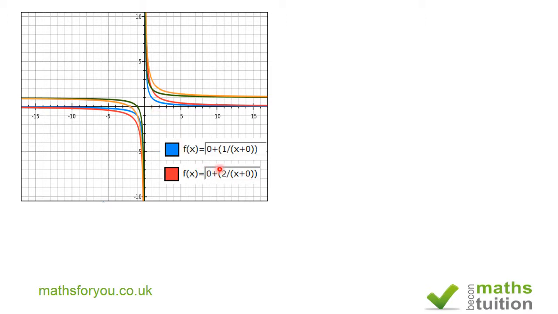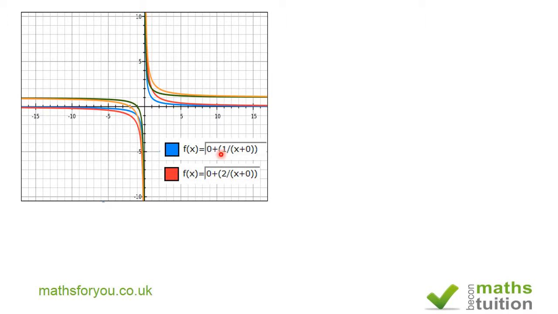And also note the effect of the numerator. For the blue graph, the numerator is 1, and for the red graph, the numerator is 2. The blue graph, which has the lower numerator, approaches the asymptotes much earlier than the red graph, which has a numerator of 2.